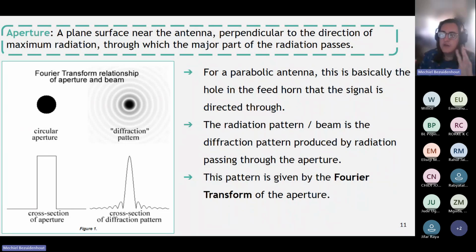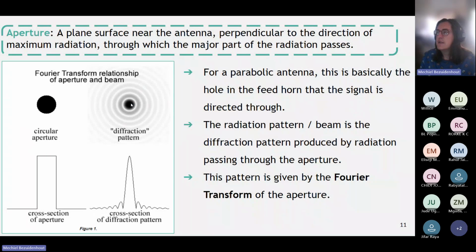This is a bit difficult to explain in terms of, for instance, a dipole antenna, but it's fairly easy to understand for a reflector dish. In that case, the aperture is just the hole in the feed horn that the radio waves are reflected into. That's essentially what we consider the aperture.